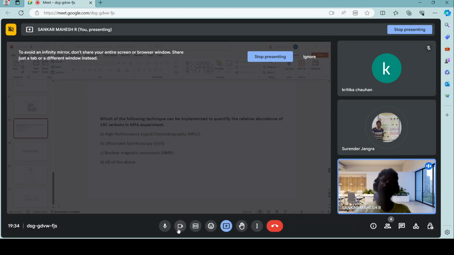But what we need for metabolic flux analysis is the fraction of radioactive labels. Just because a particular compound has a radioactive label, that does not mean that it can have a different emission spectra or an absorption spectra.